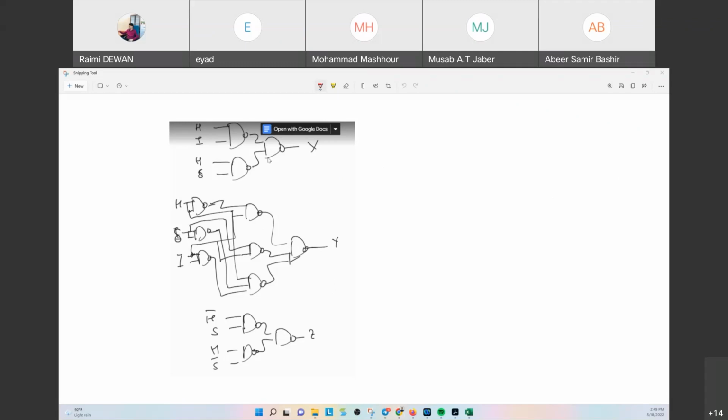Determine the minimum X. Oh, okay. It mentioned the output XYZ represents a 3-bit encoding of the total cost of the order. For example, HSI, which evaluates to $3. Oh, okay. This question is not that difficult, I think.